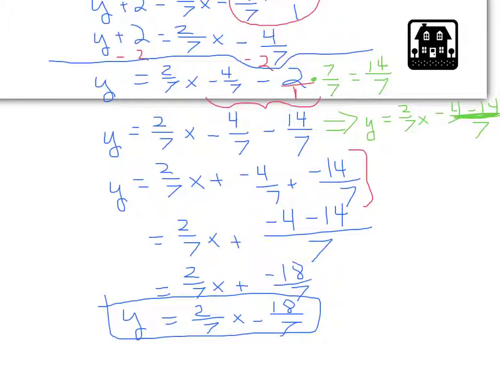Well, it's not going to be correct, and here's why. You're going to get 2/7x minus 4 minus 14 is negative 10. And so minus a negative 10/7 is plus a positive 10/7. So you have 2/7x plus 10/7, and that does not equal what our actual answer is.